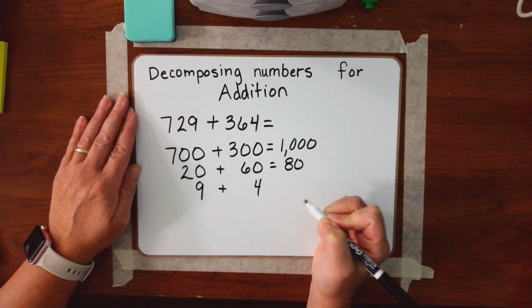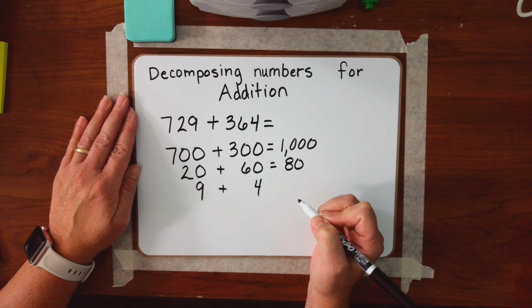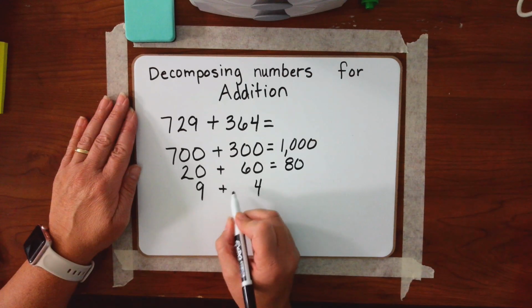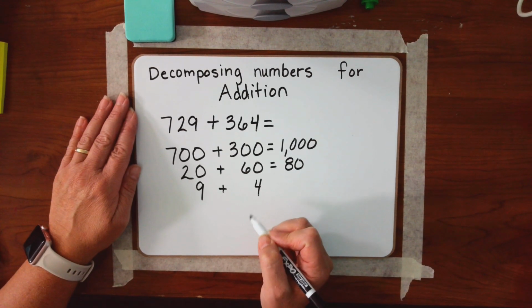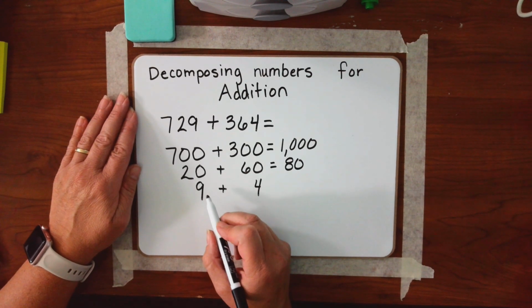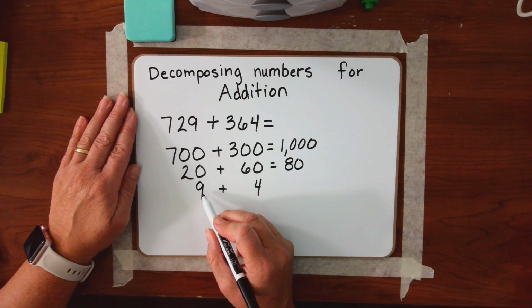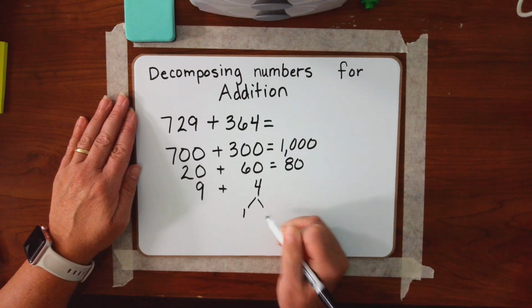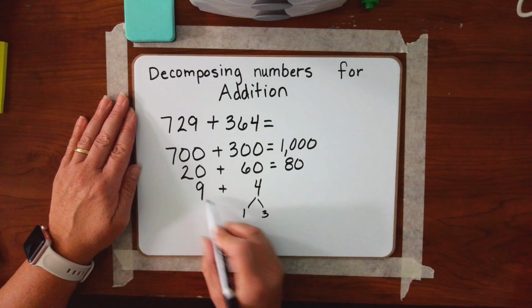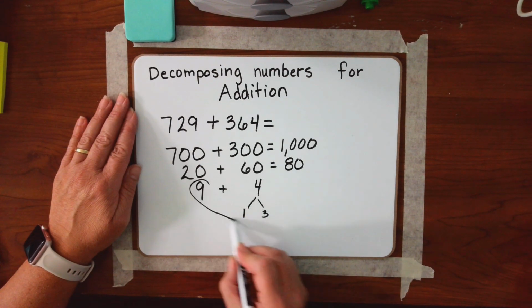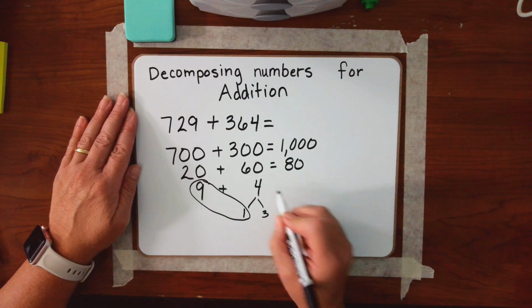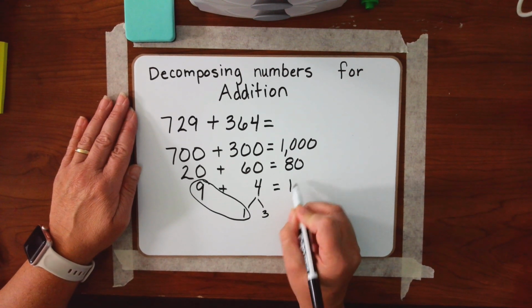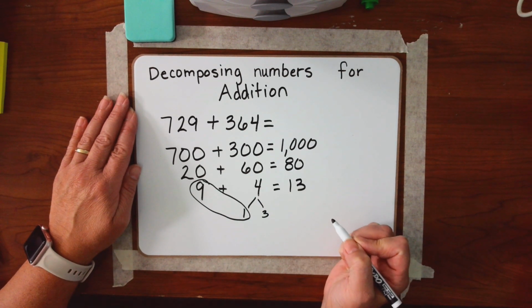But this is written in standard form. If we have 9 plus 4, a lot of us can say, well, I need one more to make a 10. So if I break down my 4, I can make a 10. So then I have a 10 because these two add together. And I have 3 left over, so therefore I would have 13 there.